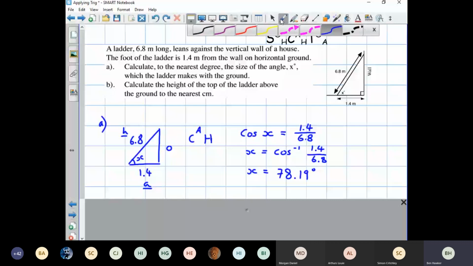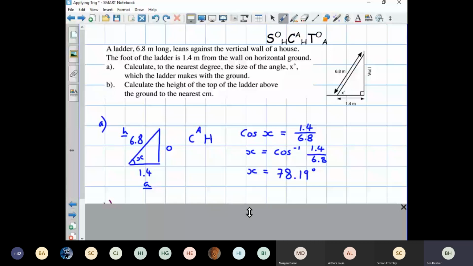However, as Mr. Critchley has pointed out, the question says, calculate to the nearest degree the size of the angle. So there should be one more step, it should be 78 degrees.